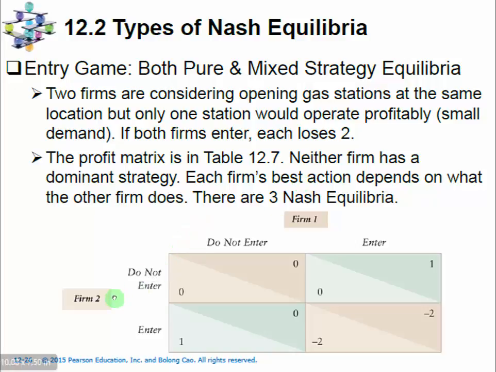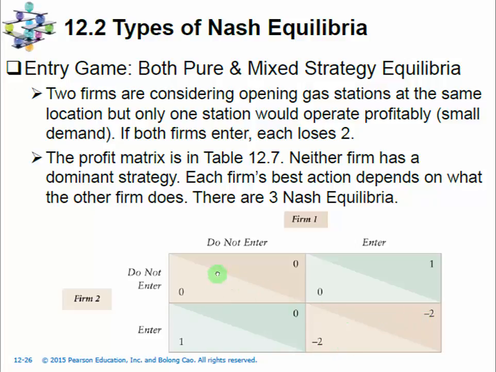There are two firms who would like to build gas stations at the same location, next to each other possibly, but that location can only support profitable operation by one firm. So if both firms enter the market, or they build gas stations side by side at that one location, either of them will lose 2.